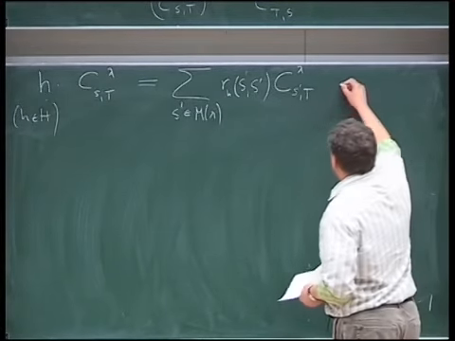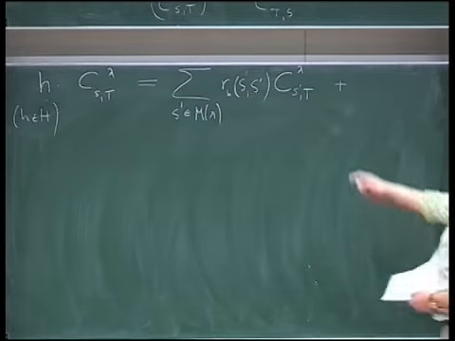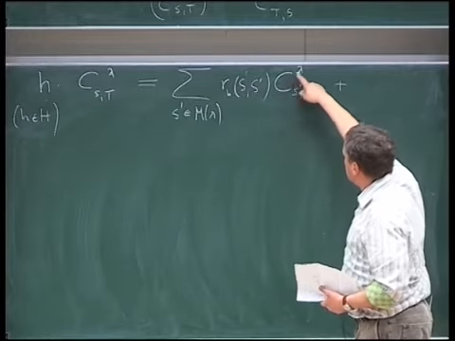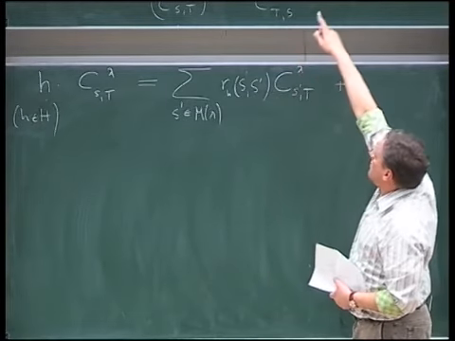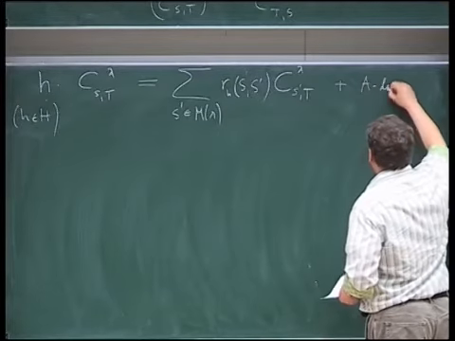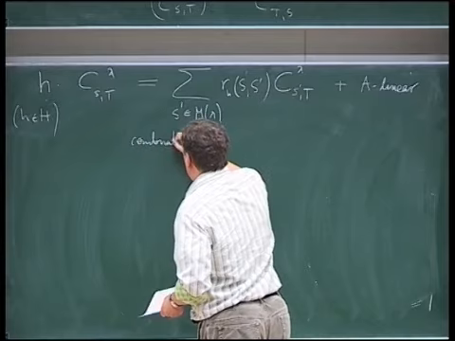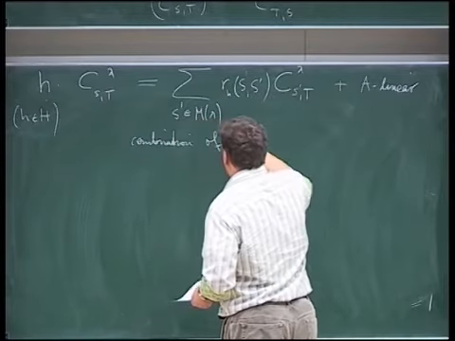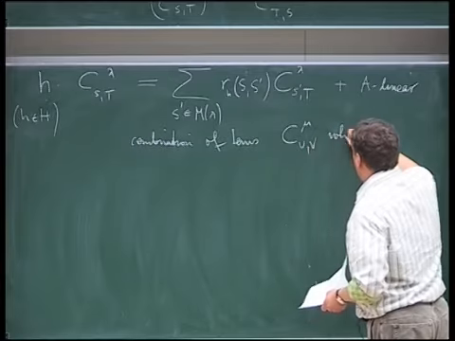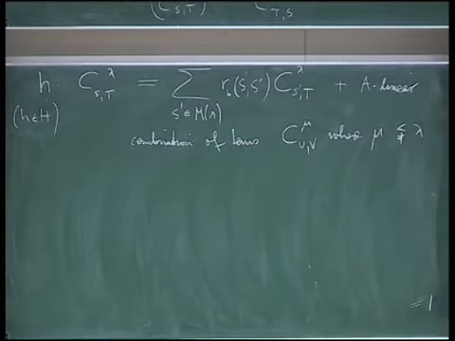And then the point is that all other terms in this product expansion will be C mu's and UV, where mu is strictly smaller in this order than lambda, plus a linear combination of terms C mu U V, where mu is strictly smaller than lambda.